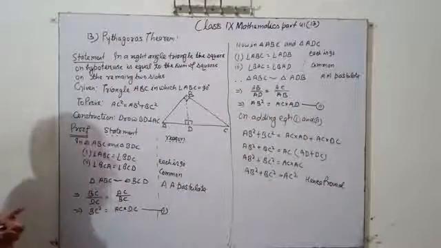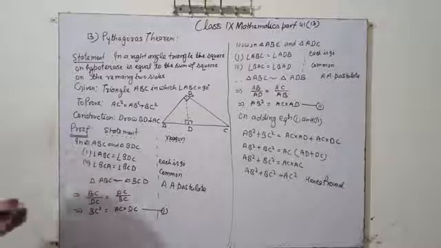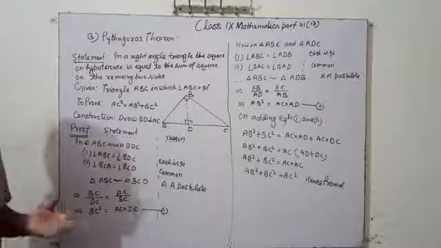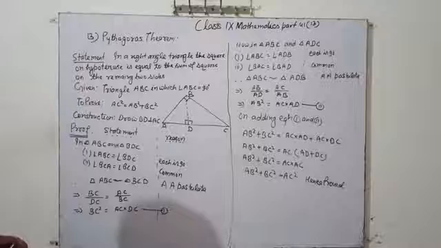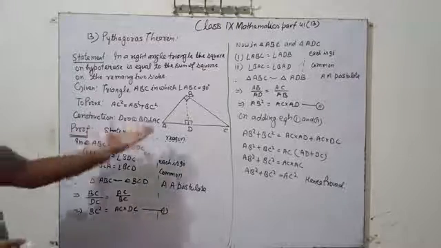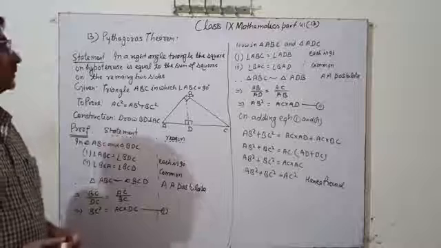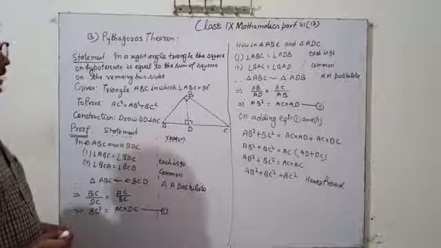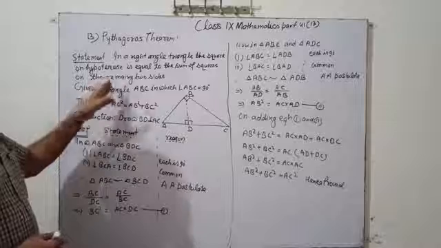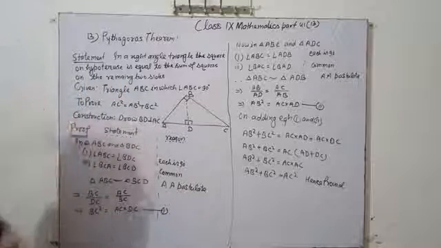I am going to explain Pythagoras theorem. What do you mean by the Pythagoras theorem? It is a statement: in a right angle triangle, the square of the hypotenuse is equal to the sum of squares on the remaining two sides.